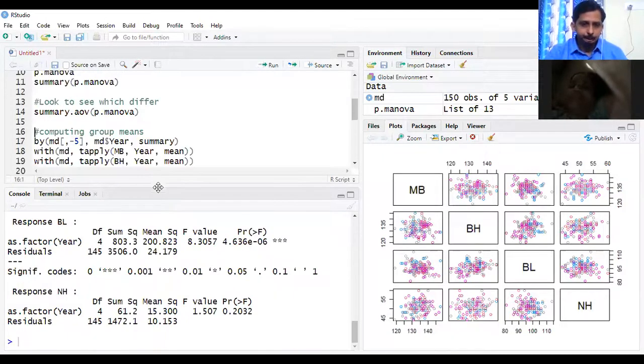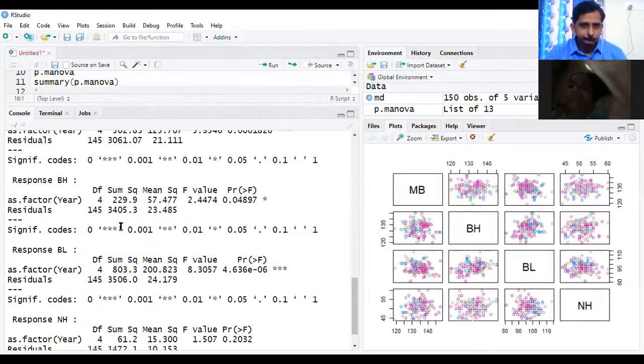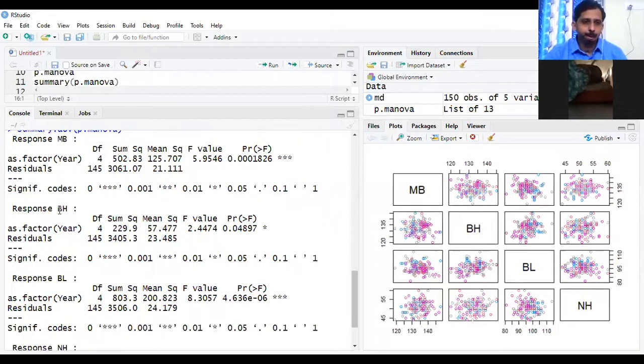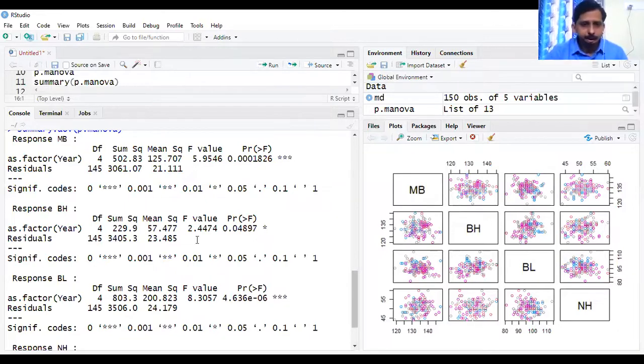Now when we do the summary of ANOVA, you see it started with MB, and it compared across the years. So here it is a significant p-value. Now coming to height, significance is noticed, which is very close by.